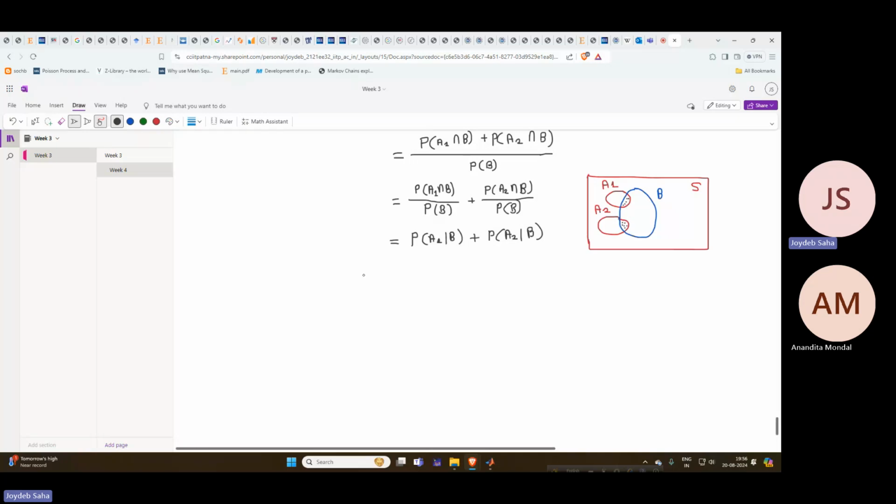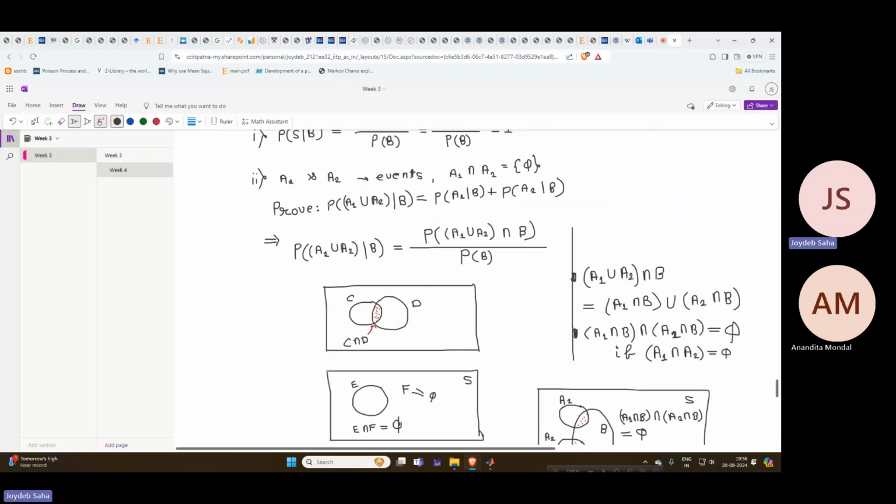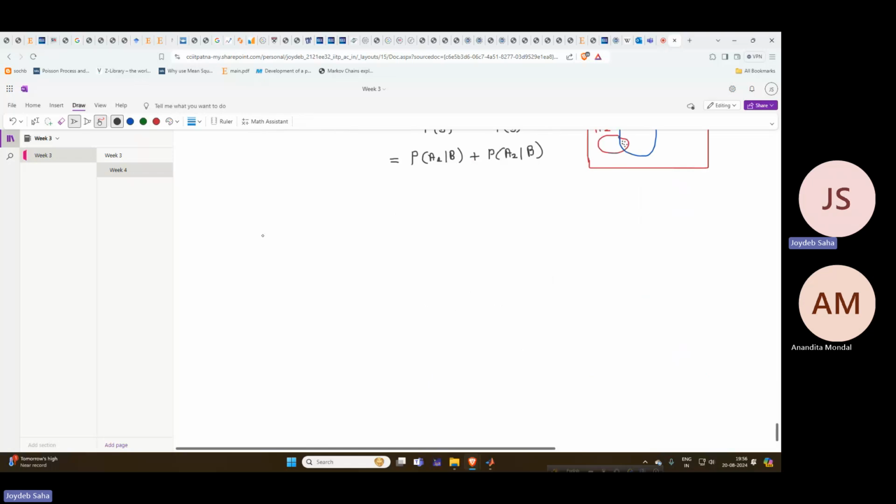So now we will solve one more question. We have very limited time, so let us take a question. It was example 6, right? Very simple question. Example 7.